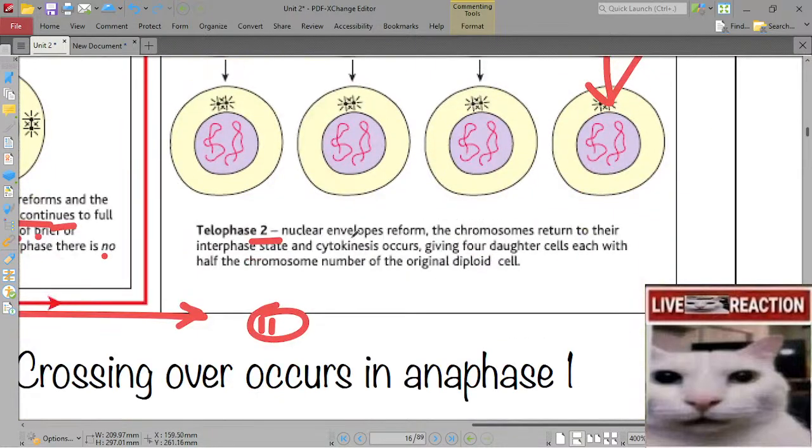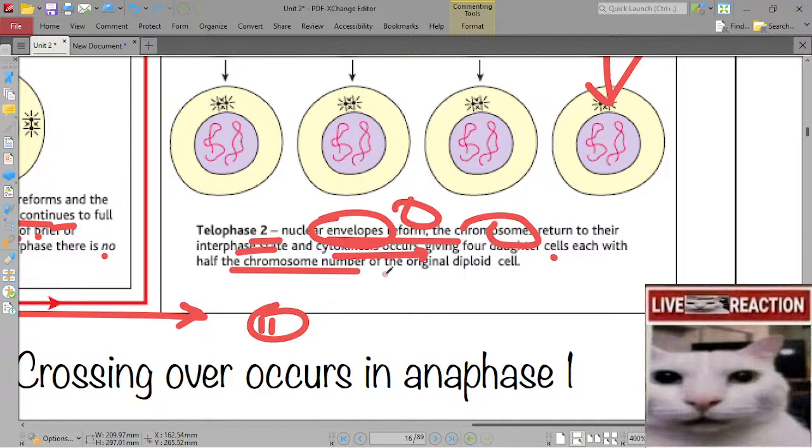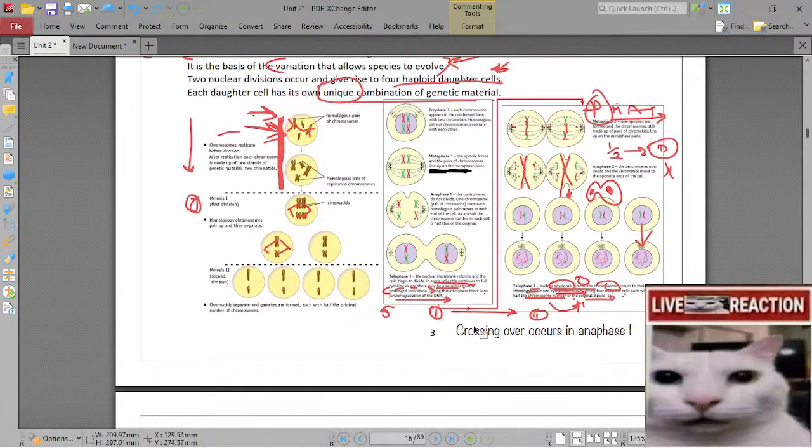Telophase two is where the nuclear envelope reforms, the nucleus reforms, and chromosomes unravel and go back to interphase state. Cytokinesis occurs, giving four daughter cells, each with half of the chromosome number of the original diploid cell, which is why we call it haploid. The original cell was diploid, and if we have half the chromosomes of the diploid, we can call it a haploid. Now, what do they mean by crossing over, right?